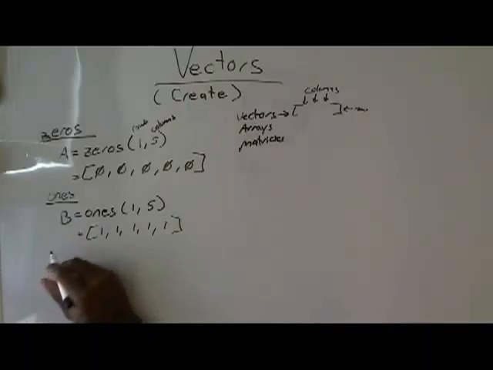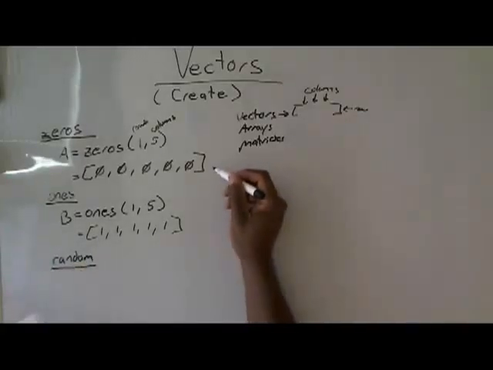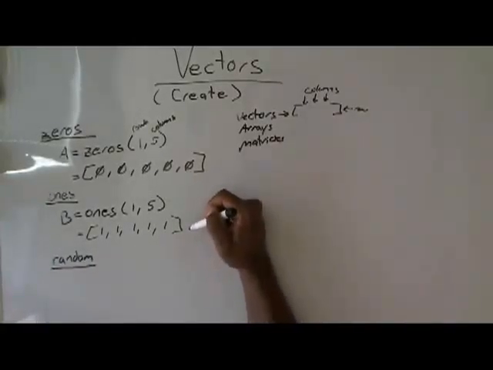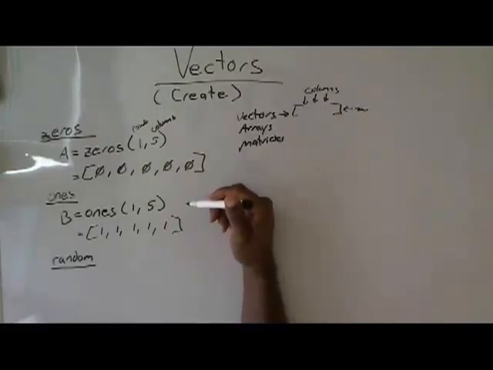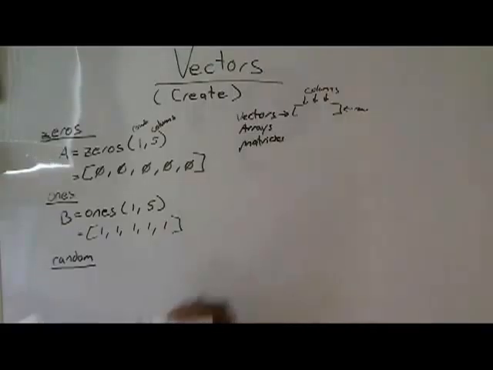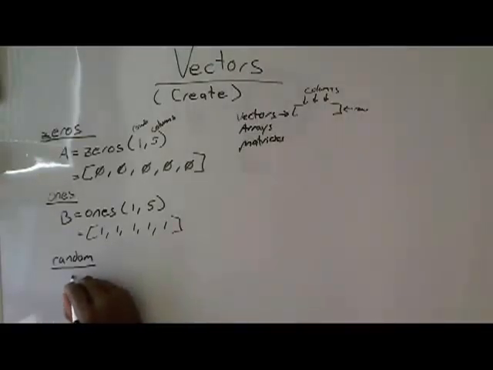Another thing to do is random. Sometimes you want a vector with nothing but zeros in it. Sometimes you may want a vector with nothing but ones in it. And then sometimes you want a vector with random numbers in it. And the way you do that is with a function called rand, R-A-N-D.